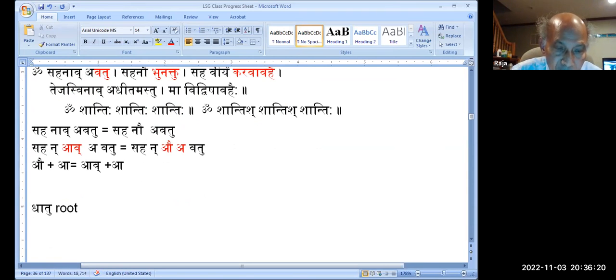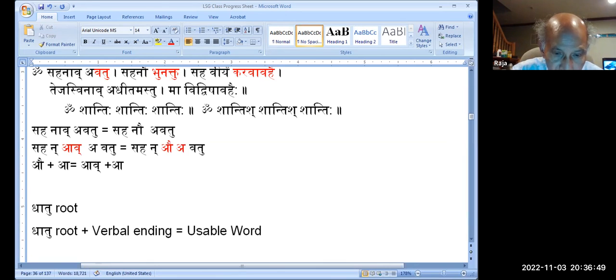Then you take a dhatu and add a verbal ending to make that into a verb, and you get a usable word, or pada, in Sanskritam.